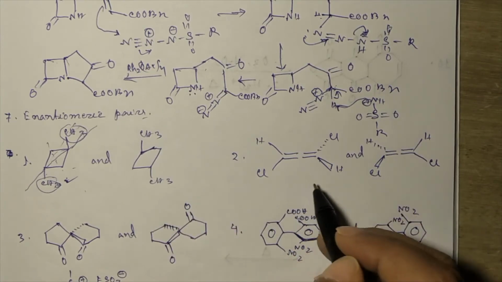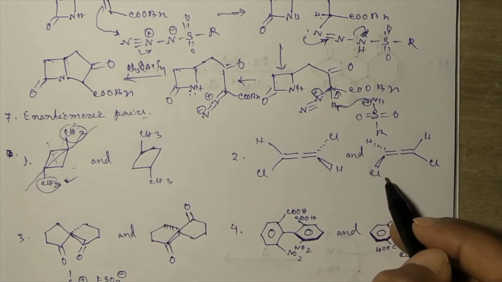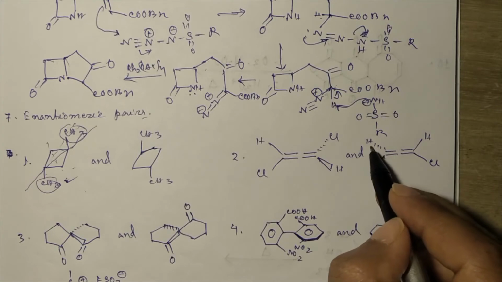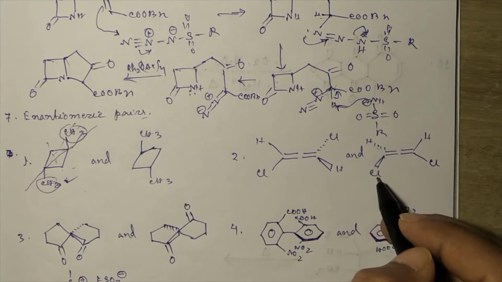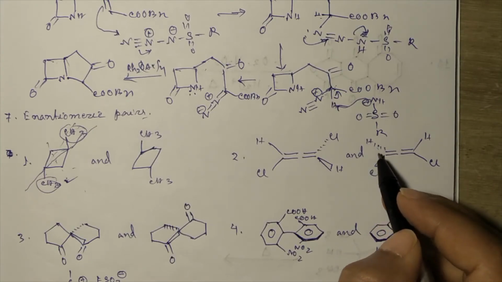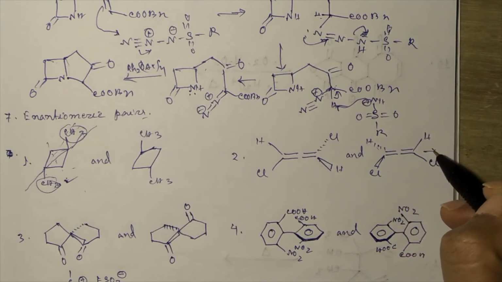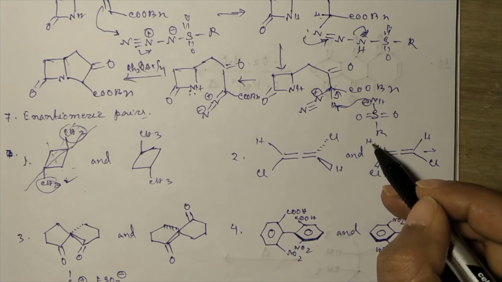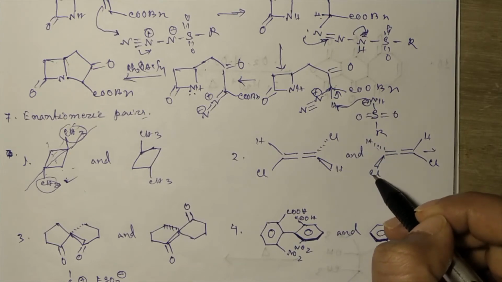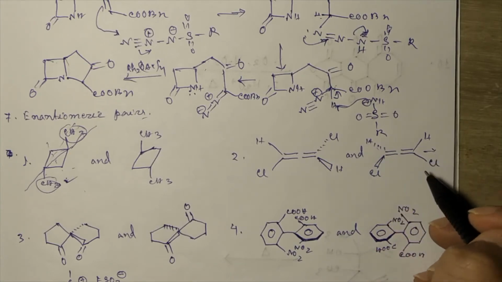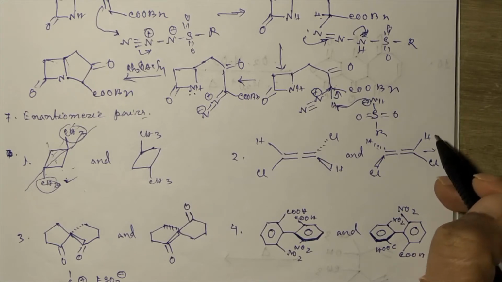Between these two, if we compare, here the hydrogen is below the plane, here the Cl is below the plane. So if we rotate this molecule, then the Cl will go below the plane, hydrogen will come above the plane, and on the other hand here the Cl will be here.